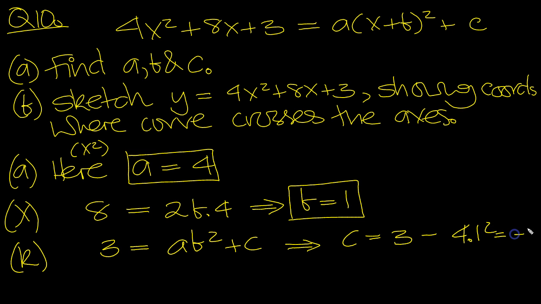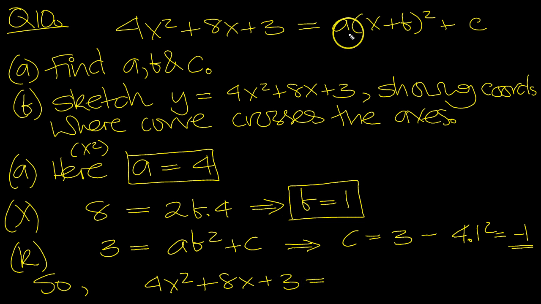So c is equal to minus 1, isn't it? Okay, so we found a, b and c. So we can write down that 4x squared plus 8x plus 3 is equal to a, which is 4, times x plus b, which is x plus 1 squared, plus c, and c is minus 1.